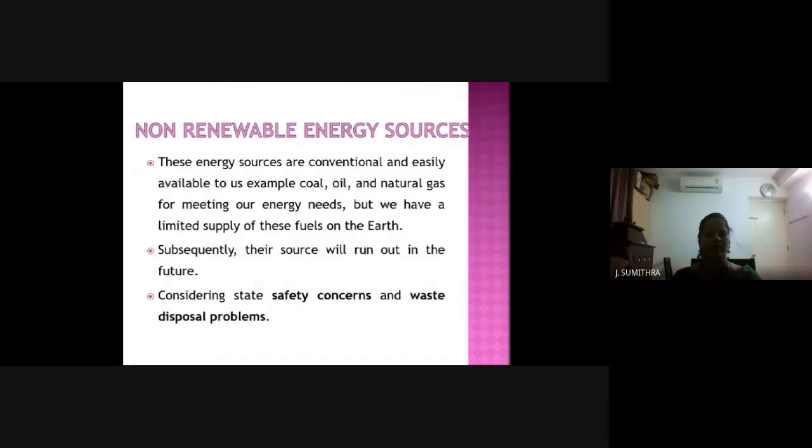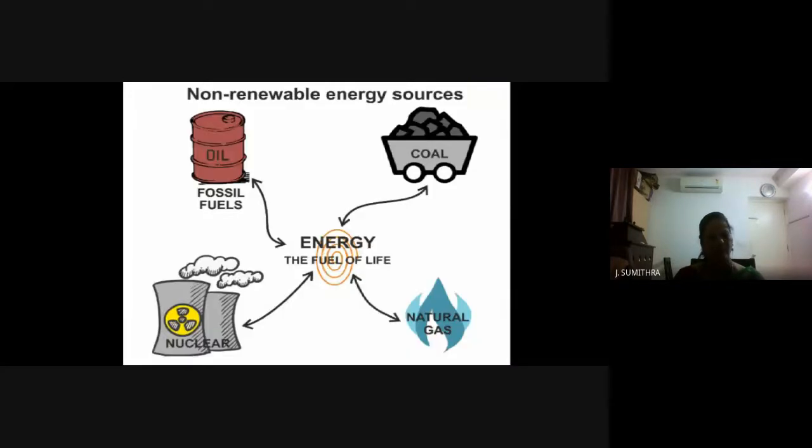Examples are wind power, solar power, geothermal, etc. Non-renewable resources are those available in a certain finite quantity and cannot be replenished.